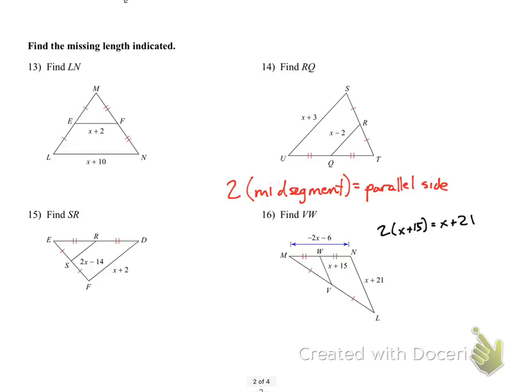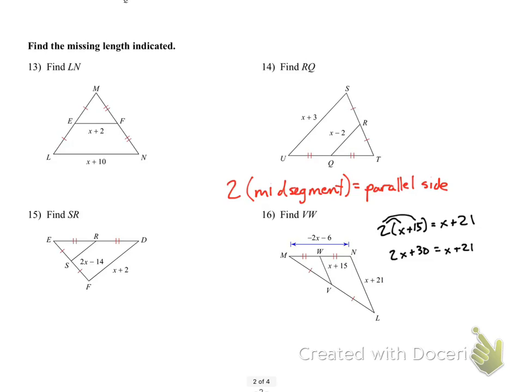So just keep that in mind as you're going through this, and that'll make your life a lot easier. So we'll just go through and solve the rest of this. So 2 times x plus 15, if we distribute, we'll get what? 2x plus 30 equals x plus 21.